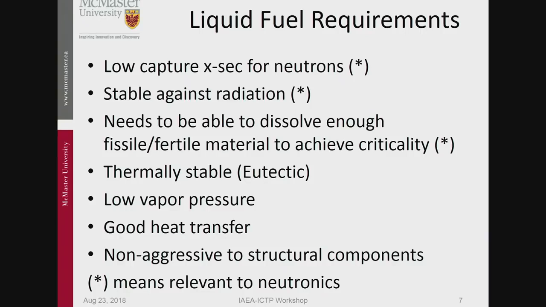And then here you plot the melting point. A may have a melting point here, and B may have a melting point here. Now, if you start to mix them, then the melting point changes.